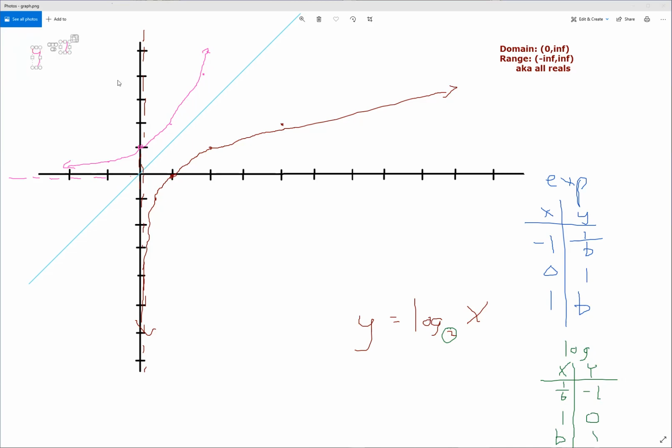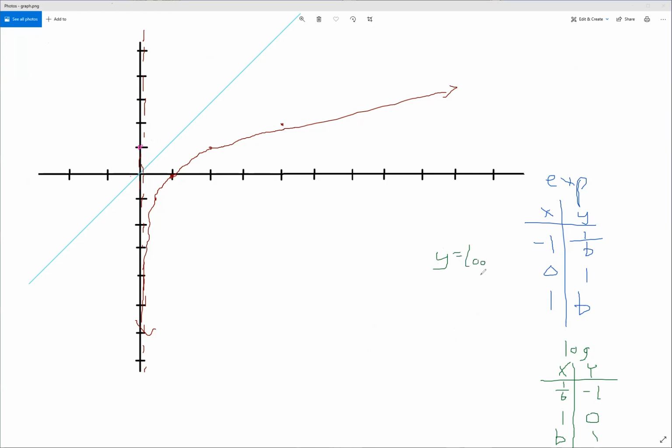So let's do away with our exponential, but let us graph one other parent graph just to make sure we understand. I'm going to move this out of the way, but keep the purple or the brown one on there. Let's talk about y equals log base 4 of x. In this case, where b is equal to 4, our points of interest are going to be 1/4, -1, and 1, 0, and 4, 1.